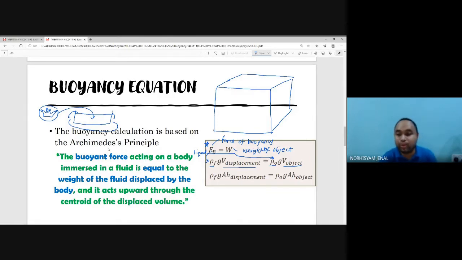Assuming we have a block with the same area of surface, which is the one at the top, this is A. The length from here to here is called the width, here to here is called the length, and here to here is called the height.